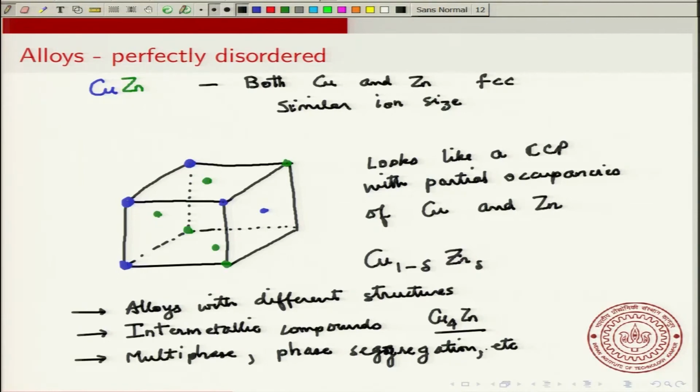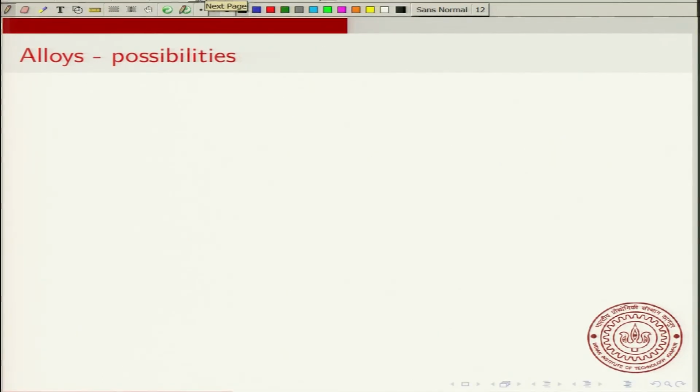Now let us look at the copper zinc system, and let us look at some of the other possibilities that you can have. I will just list some of them. So, the alpha phase is what we had earlier. So, CCP with disorder. This is for the copper zinc system, and of course, this is also seen for several other alloys.